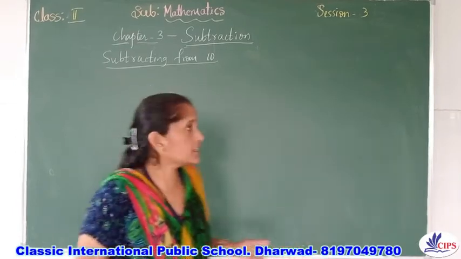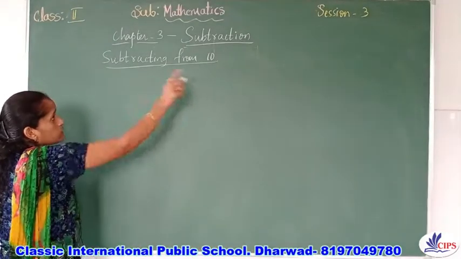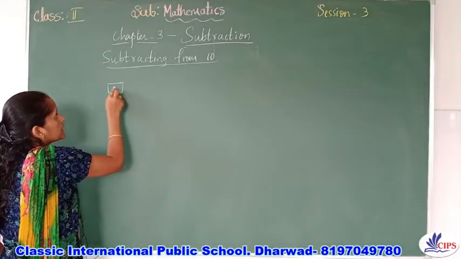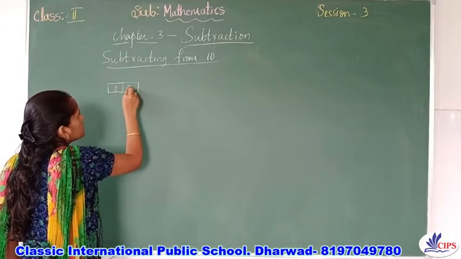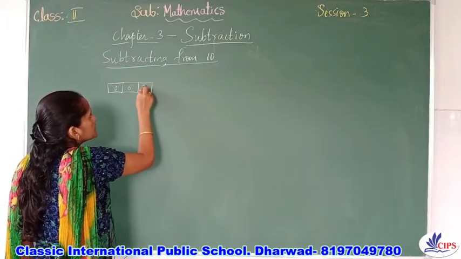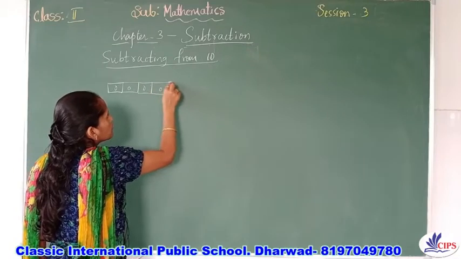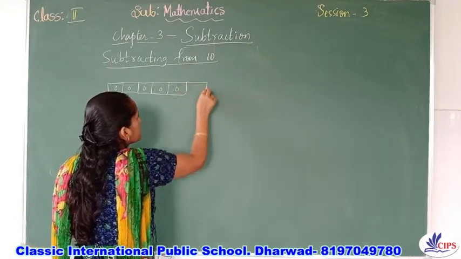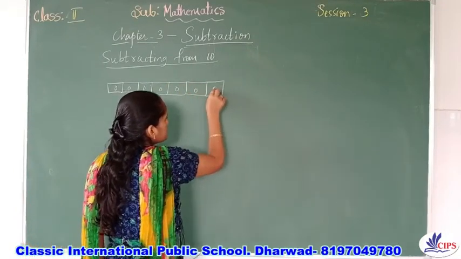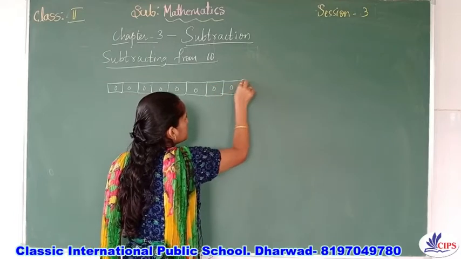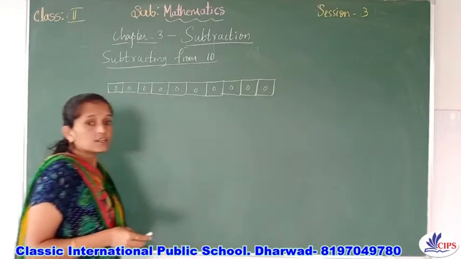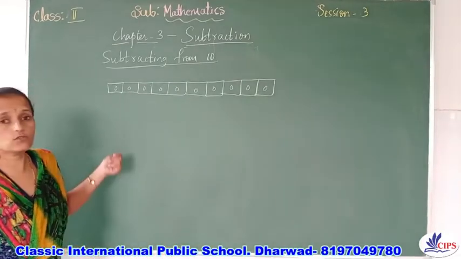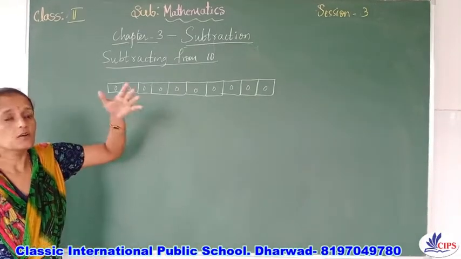Instead of that, they are using 10 blocks here. 1, 2, 3, 4, 5, 6, 7, 8, 9 and 10. So for subtracting from 10 they are using this concept, that is using blocks.